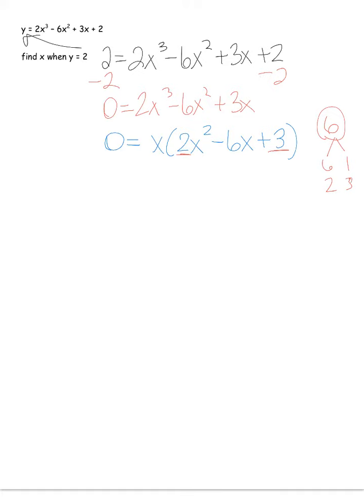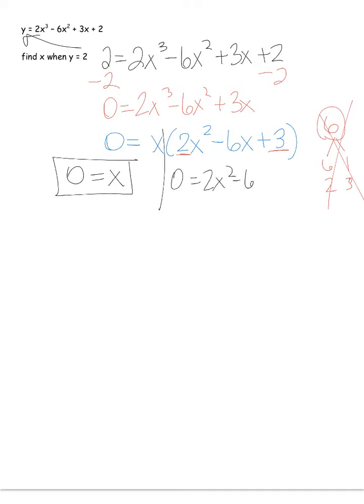Neither one of those do it. So this does not factor. So we have to remember our fallback plan. We have one answer here. If we set each factor equal to 0, we have 0 equals x. There's an answer. And we have 0 equals 2x squared minus 6x plus 3 that doesn't factor anymore.